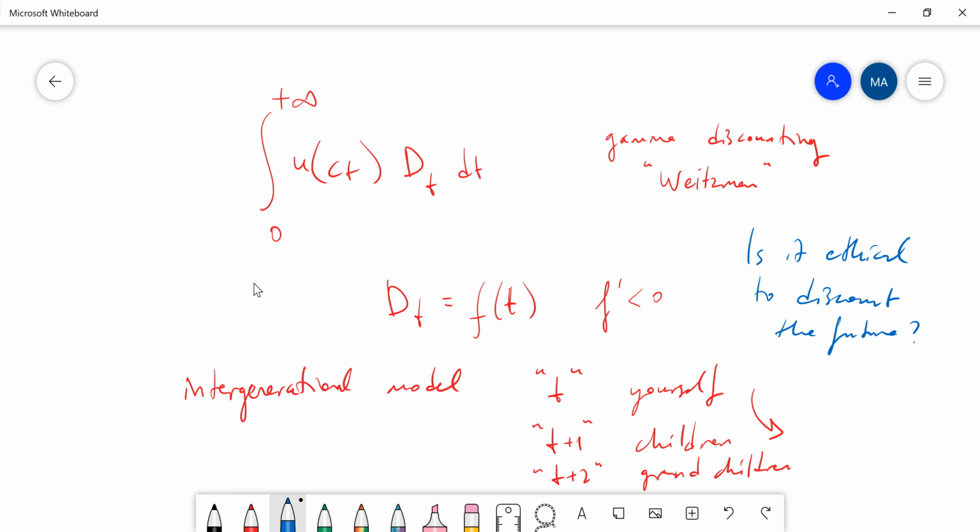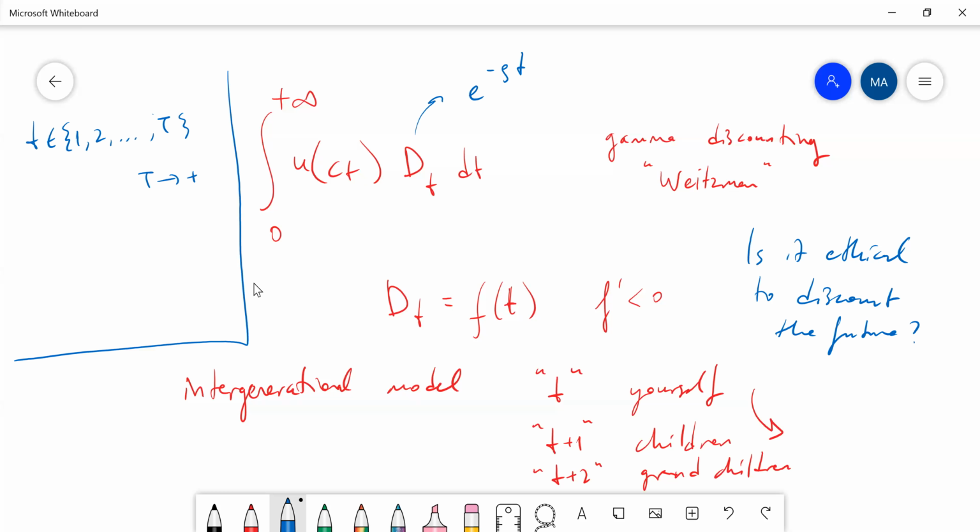But in most of the literature and in most of the applied problems, we see that this is exponential, and in a discrete time framework, I will show you that when time is discrete, it goes like this. T can go to positive infinity as well. If time is discrete, that discounting term would be equivalent to this type of discounting, when delta is between 0 and 1.